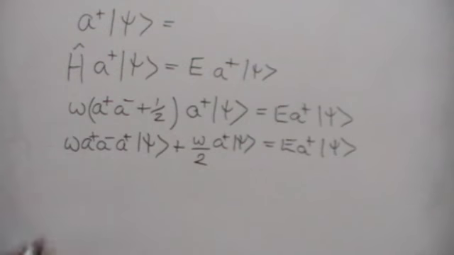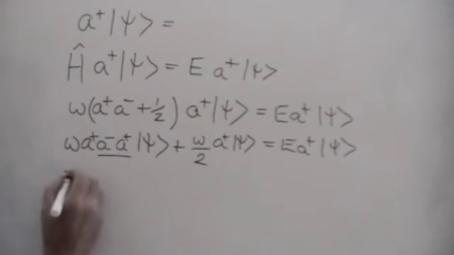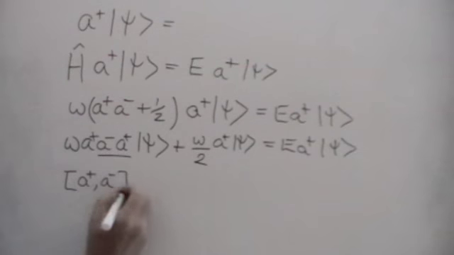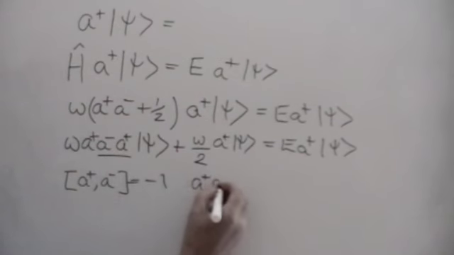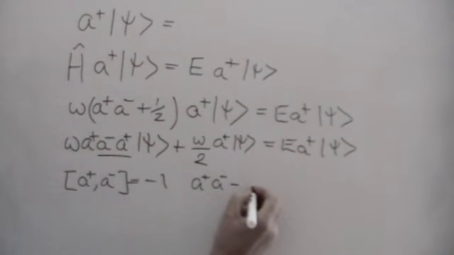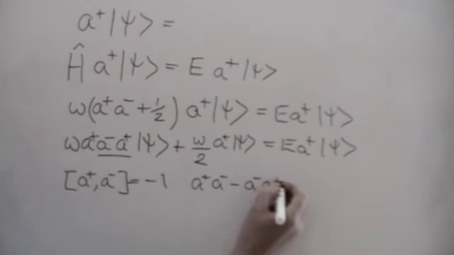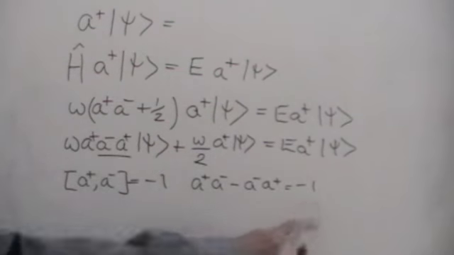Now I want to look at this term here, and recall that the commutator of A plus and A minus equals -1. It was something we showed a little earlier. Written out in full, that is A plus A minus minus A minus A plus equals -1. That is the definition of the commutator.